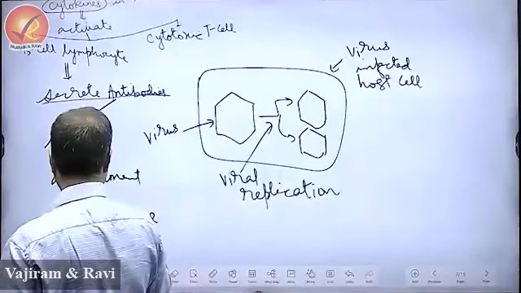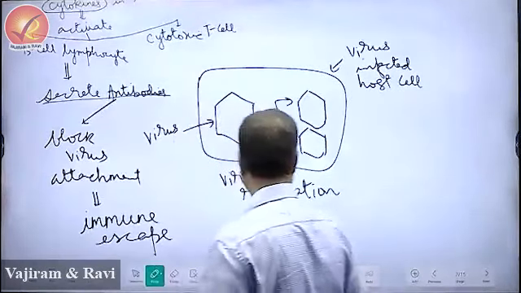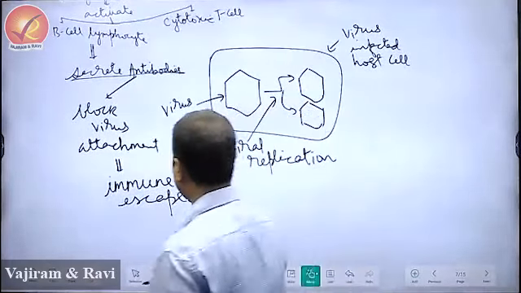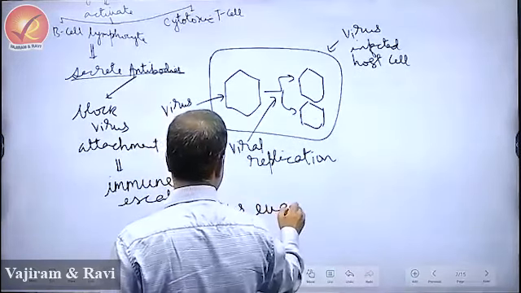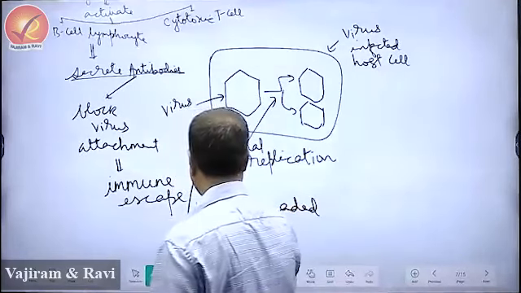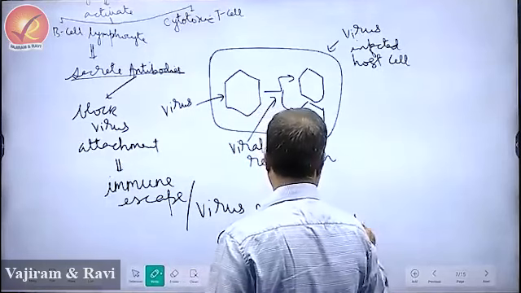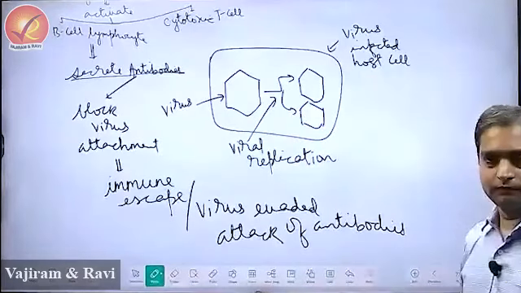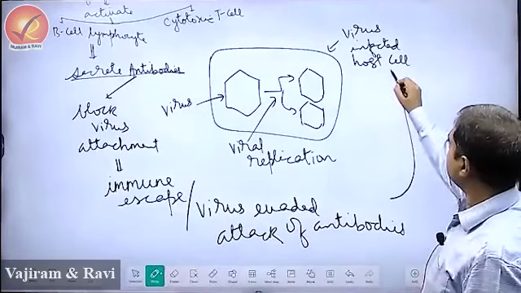Immune escape means the virus has escaped the attack of antibodies. The virus evaded the attack of antibodies. And then it becomes what? Virus infected host cell.